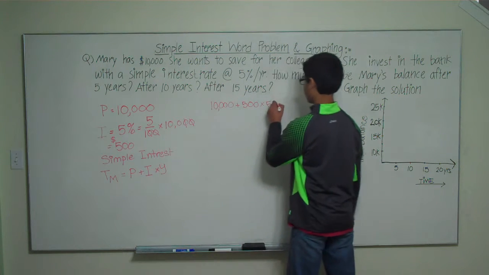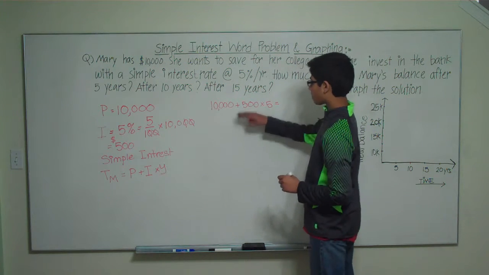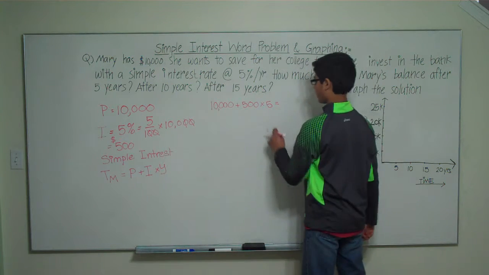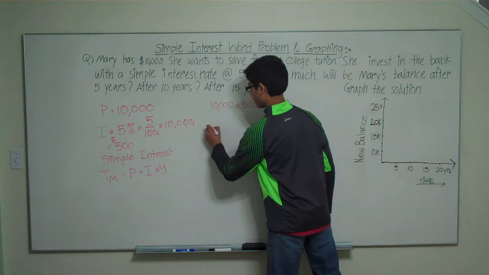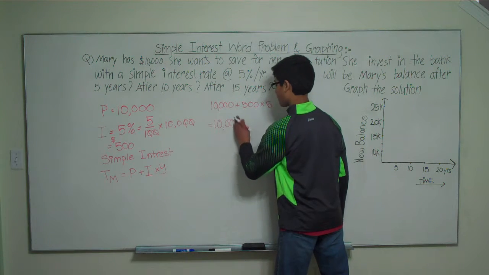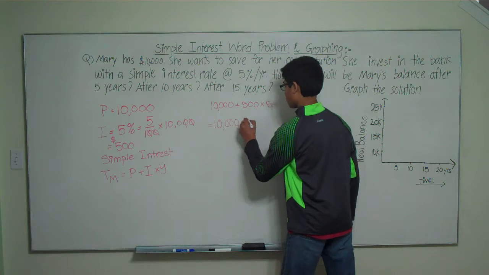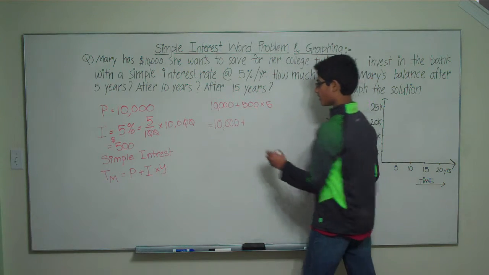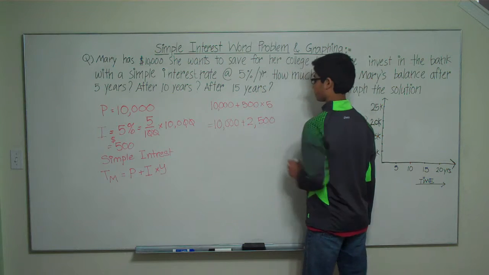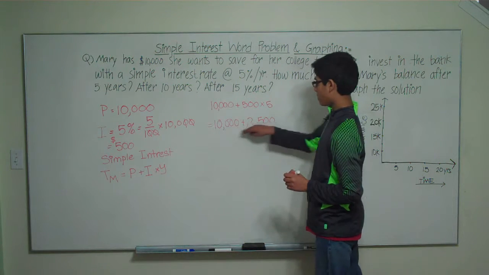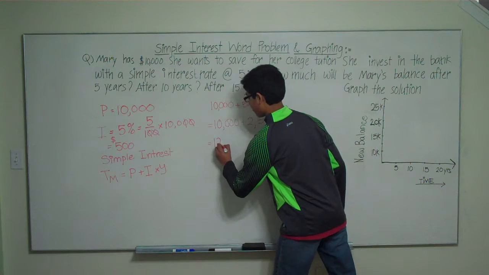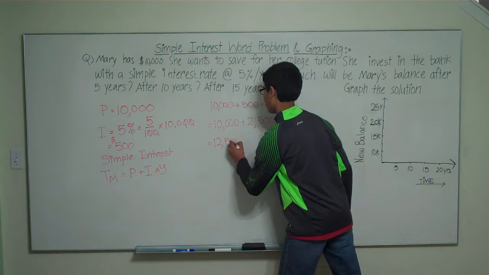So this is equal to, so first we multiply 500 and 5. So we get 10,000 plus 500 times 5 is $2,500. So we get 10,000 plus $2,500, which is equal to $12,500.